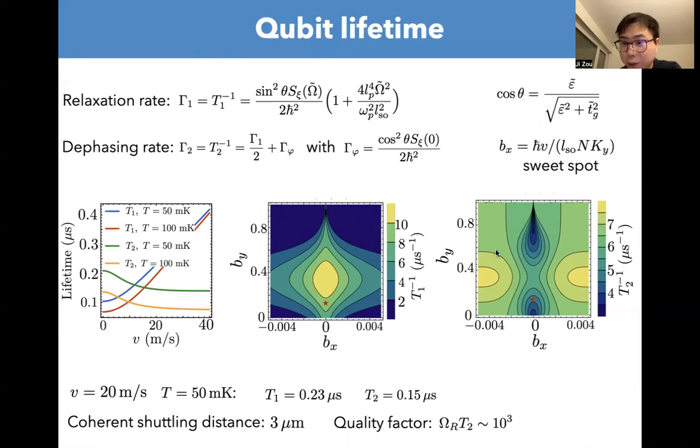And here we show the pure dephasing rate. As you can see, here we assume the velocity is zero. Then when Bx equals zero, this dephasing process is minimal. Of course, in this case, when Bx equals zero, the relaxation rate would be maximum because it's proportional to sine theta squared.